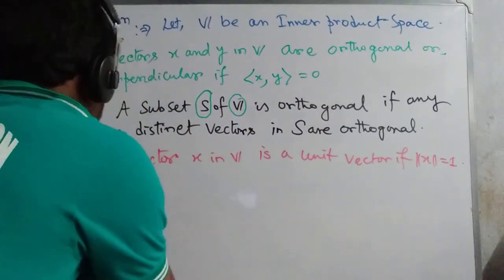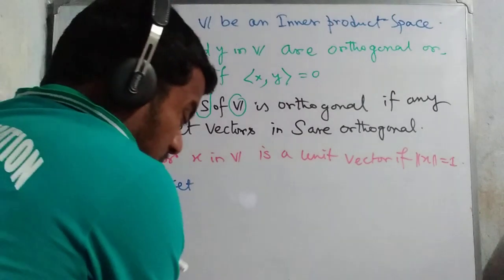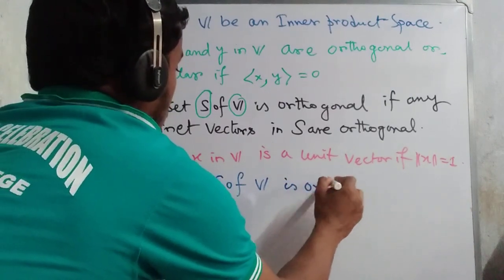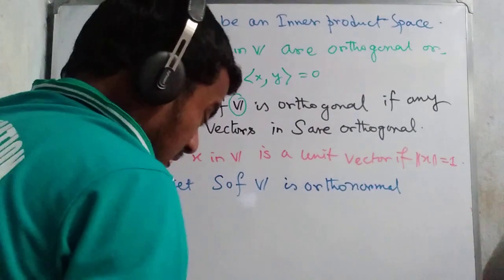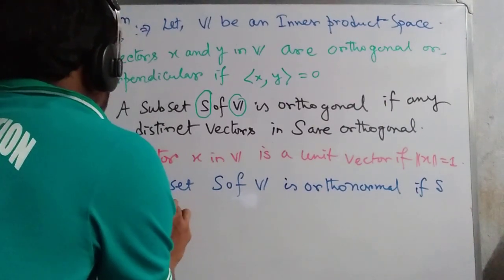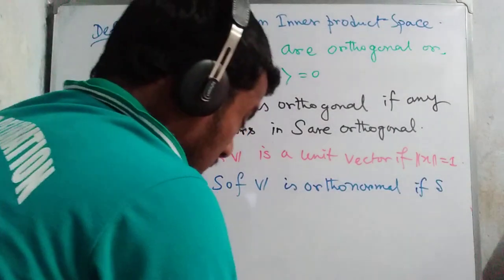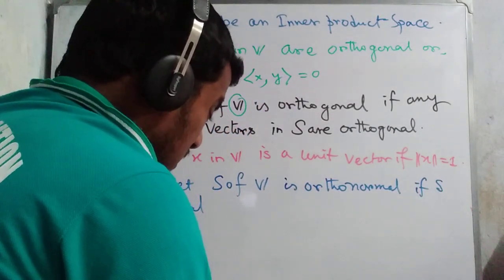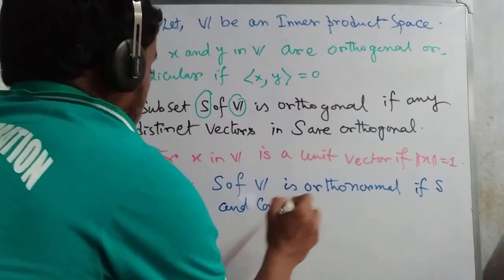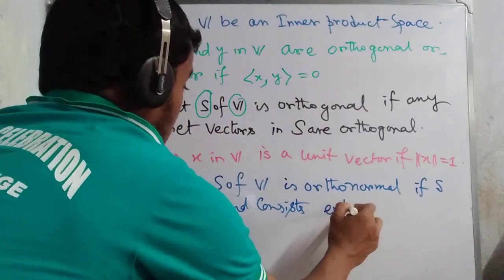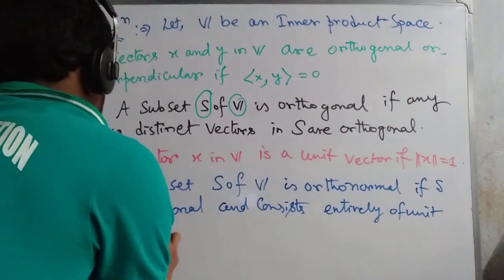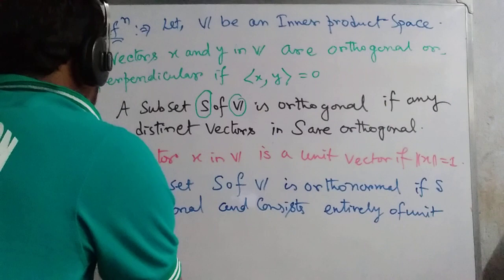Now we write here a subset S of V is orthonormal if S is orthogonal and consists entirely of unit vectors. Not a problem at all.